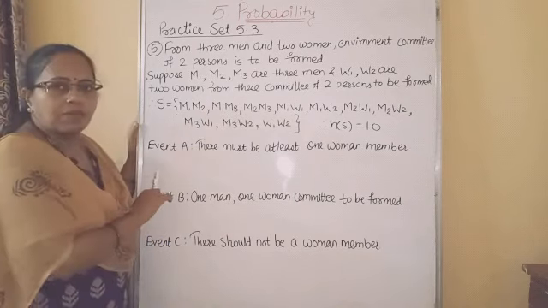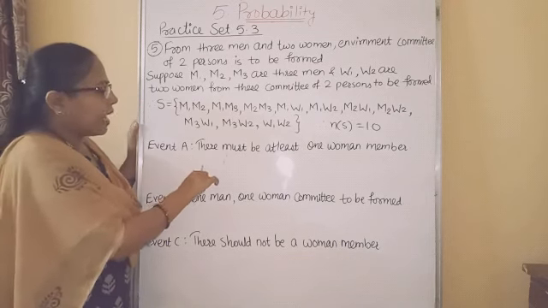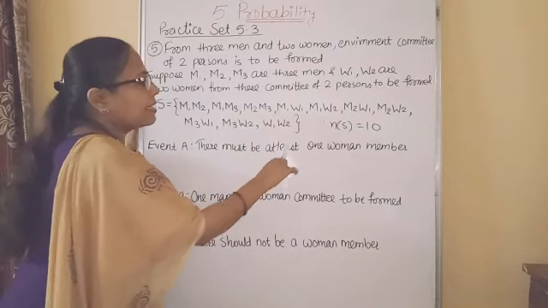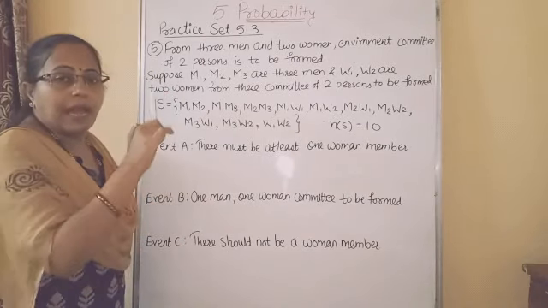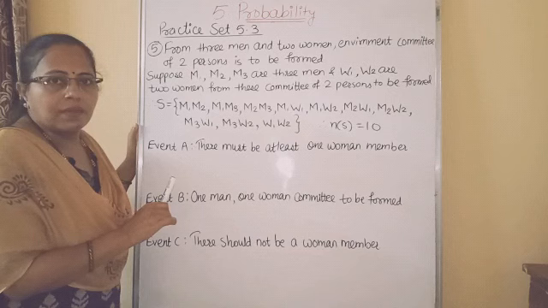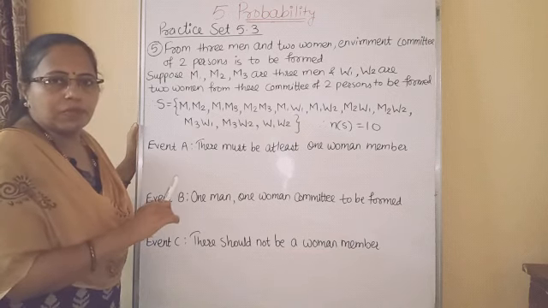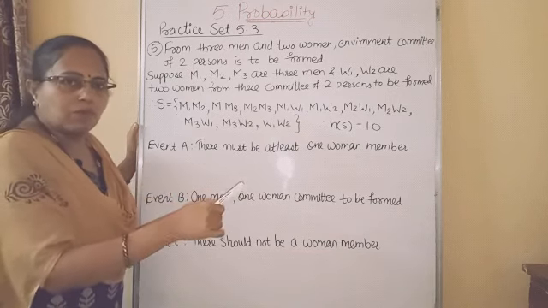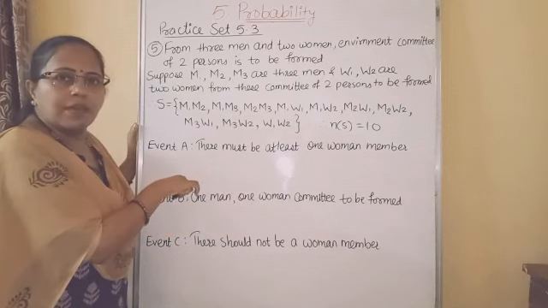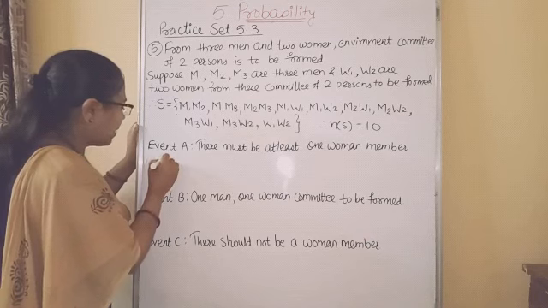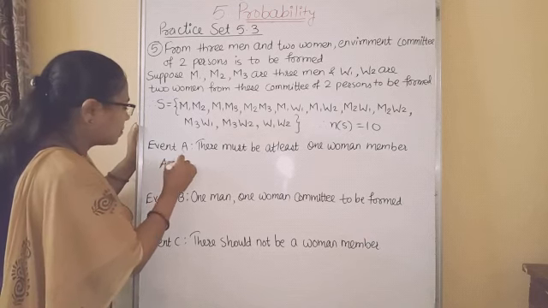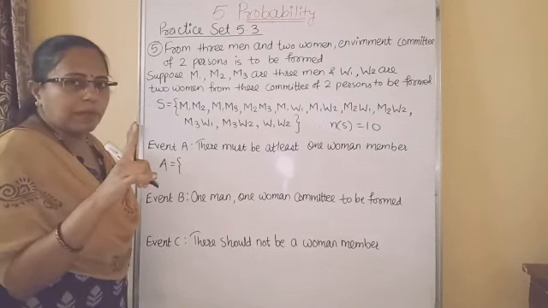The first condition for the first event is there must be at least one woman member. Again, here comes "at least one," which means a minimum of one woman should be there. If both the women are there, then that result is also taken. So event A we will write: at least one woman member should be there.